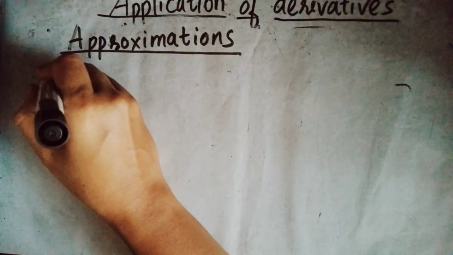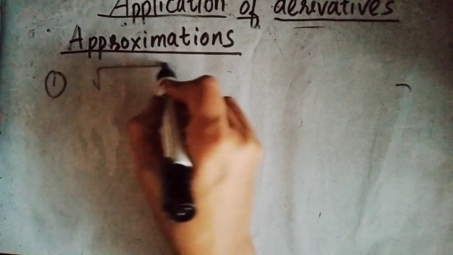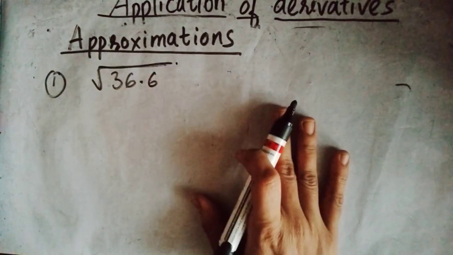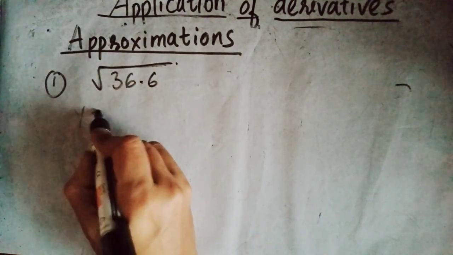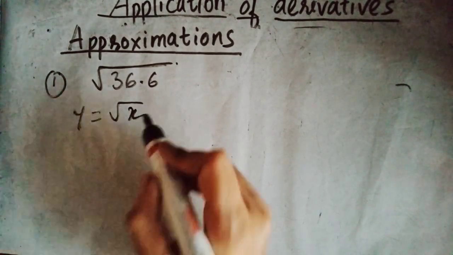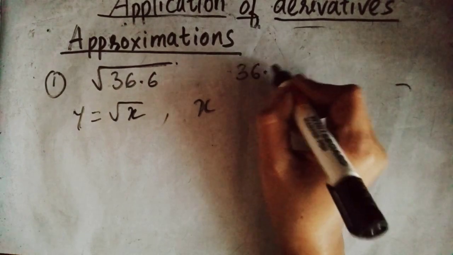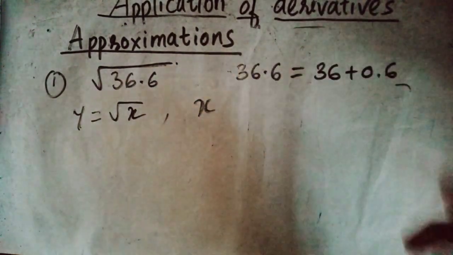If you want to find the approximate value of root 36.6, we take y equal to root of x, where we split 36.6 as 36 plus 0.6.